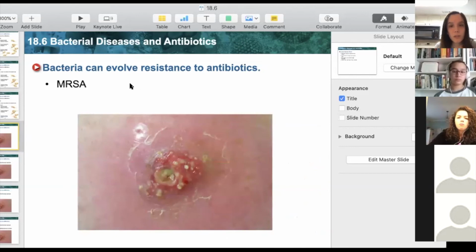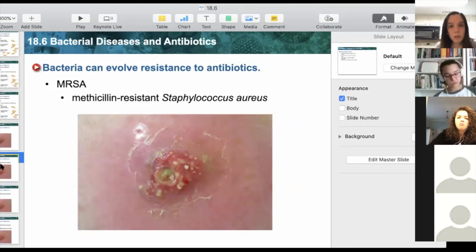One consequence is MRSA, and MRSA stands for methicillin-resistant Staphylococcus aureus. Methicillin is one kind of antibiotic, and MRSA is an infection, also called staph infection, of a certain kind of bacteria that is immune to methicillin.